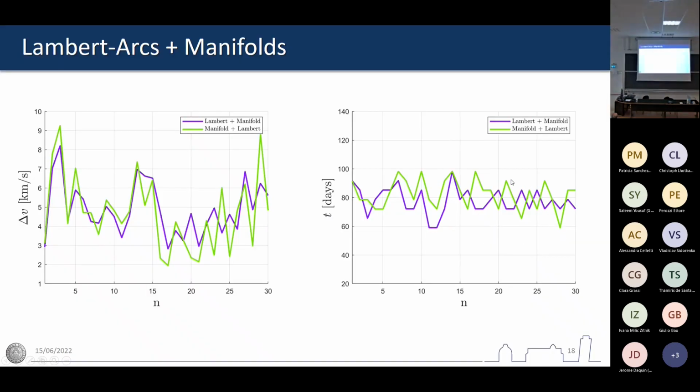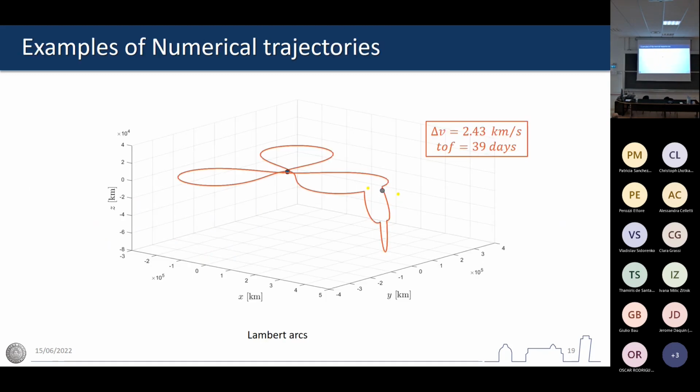We are around 80 days, but we are also able to reduce the delta V consumption. And we found out that the best combination is to have a manifold to reach the target orbit, so to exploit the stability of the intermediate orbit, and then to have Lambert arcs to leave from the target orbit.